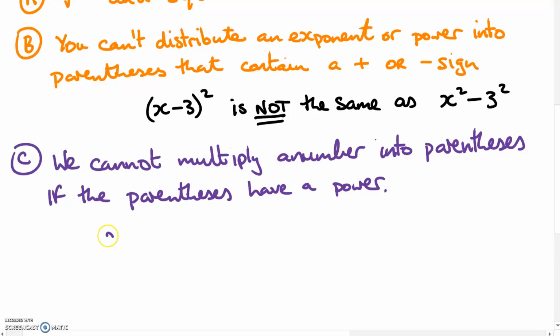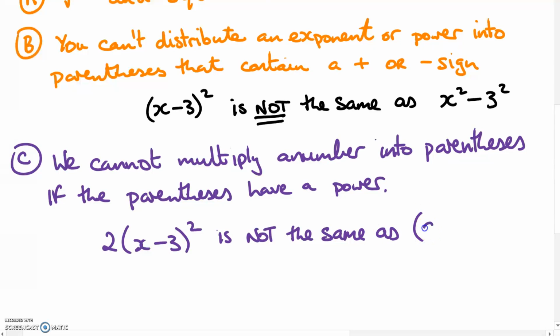So where we had 2 times (x minus 3) squared, we're not allowed to multiply in that 2. It's not the same as 2x minus 6, and it's not the same as (2x minus 6) squared. We're not allowed to make that happen. So sometimes what you're not allowed to do is just as important as what you are allowed to do.